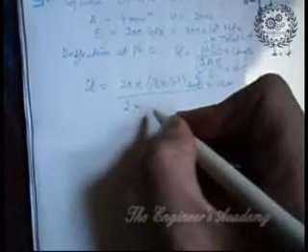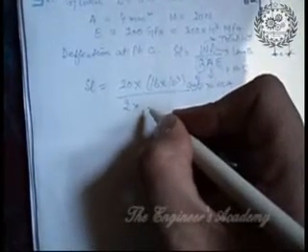Now, if we substitute the values of W, L, A and E in the above expression, we'll be having delta L is equal to 20 into 16 into 10 raised power 3, so as to convert it into millimeters, and then we have 2 into A, where A is the cross-sectional area and it is equal to 4 millimeters square, and there is no need to convert it into any other entity.